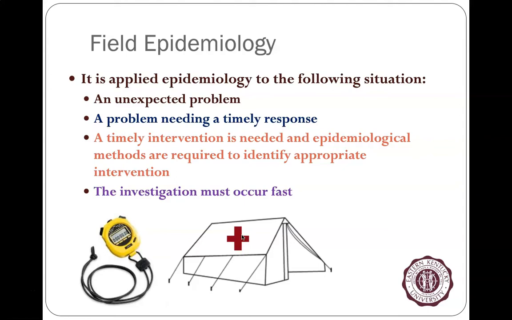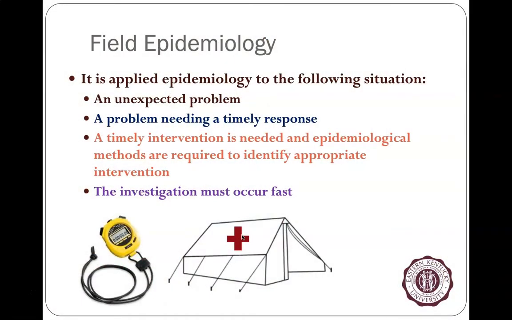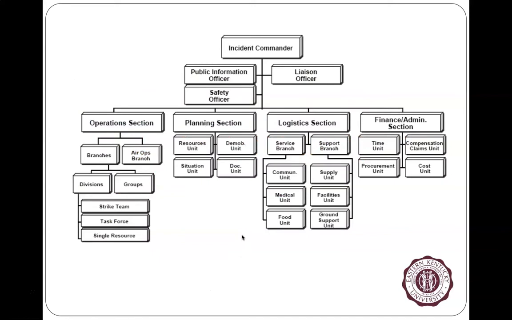And it may require the implementation of a variety of the study designs that you've already learned about, including case control studies. But we don't always have the time to evaluate the effectiveness of our interventions, so sometimes we have to use historical knowledge about interventions to inform our response. And then we have to study even our interventions, all in a rapid fashion.